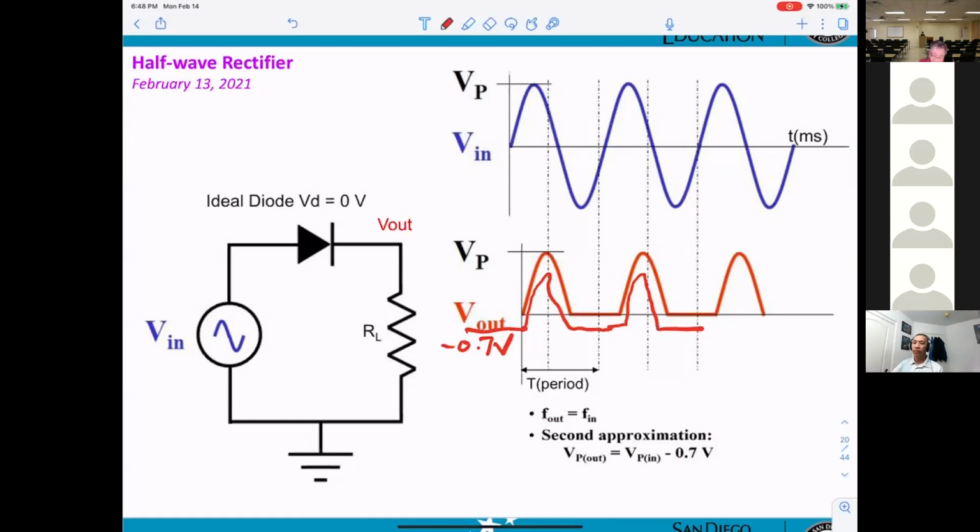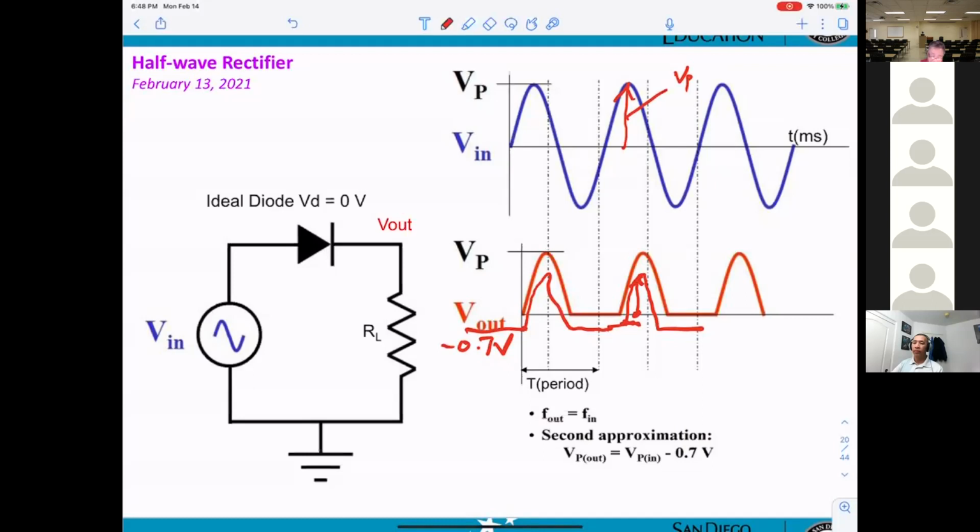So the reason they say VP out equals VP in minus 0.7 is that VP is measured from 0. Now, this signal will go down to 0.7 volt here, so when you measure VP, you measure from here to here. That's why you need minus 0.7.